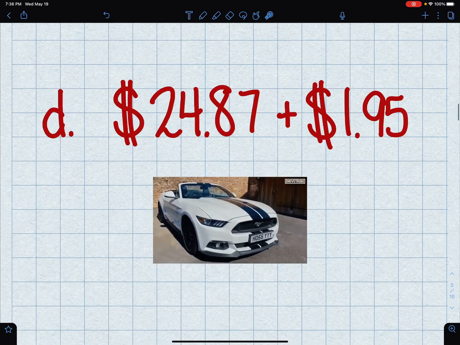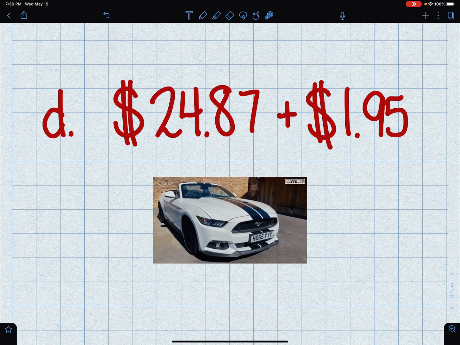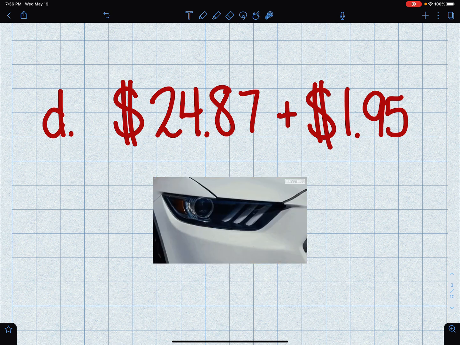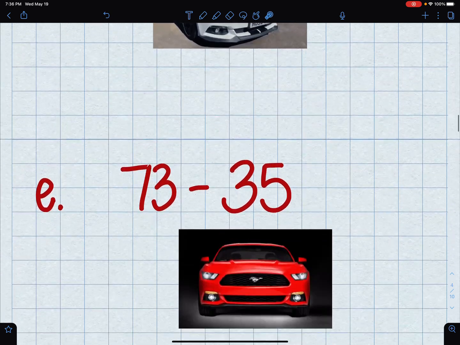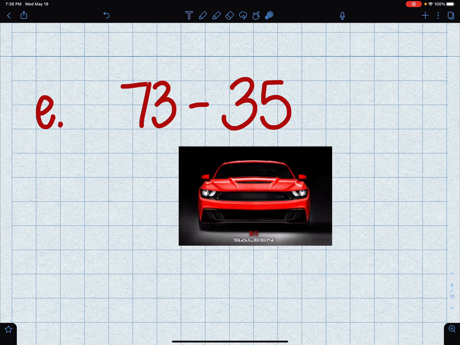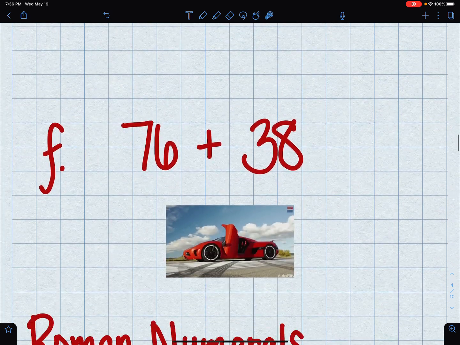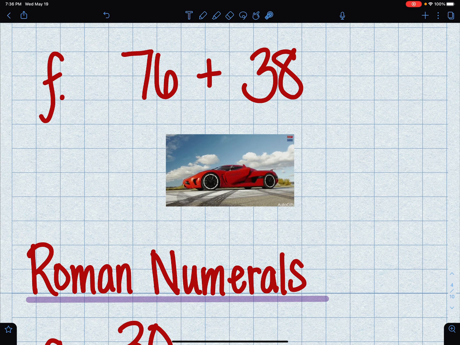Okay, let's do D. D is going to be $24.87 plus $1.95. E is going to be 73 minus 35. Write your answer. F, 76 plus 38.